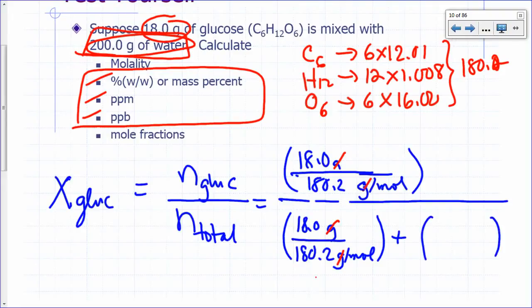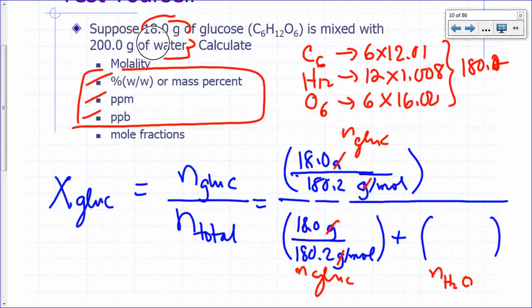So this is moles of glucose. And you need moles of water over here. So how many moles of water do we have? We have 200 grams of water. So I need to change that to moles. So 200.0 grams.